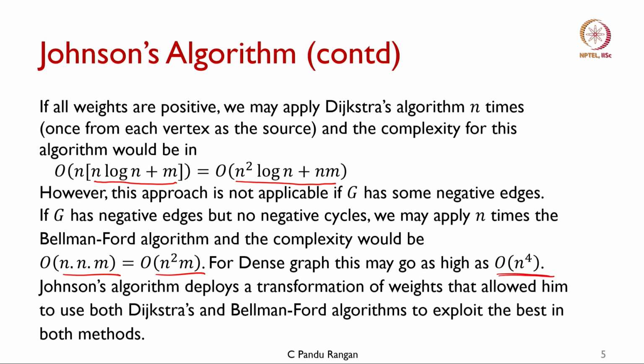Therefore, applying Bellman-Ford n times is not a good idea. But Bellman-Ford is capable of handling positive and negative weights. Therefore, how do we improve on the complexity of n power 4?